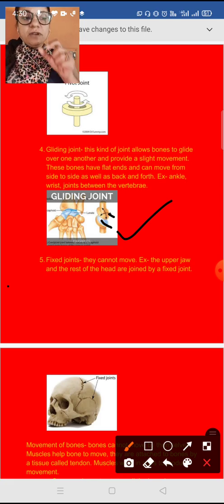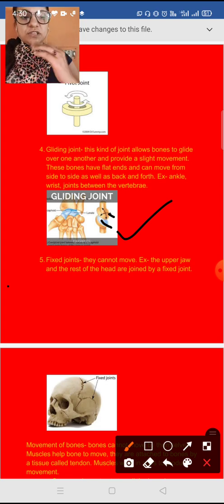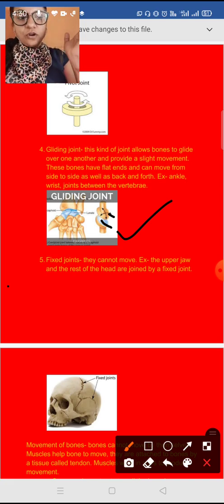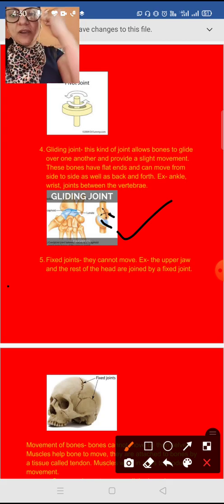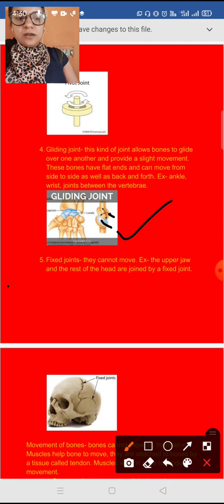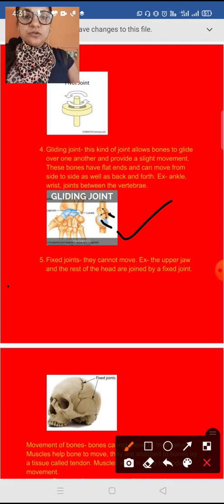These bones have flat ends and can move side to side as well as back and forth. The joints at the ankle and wrist, you can move left, right, up, down. This wrist movement is your gliding joint, and in the ankle also you can feel this. So these are the joints.